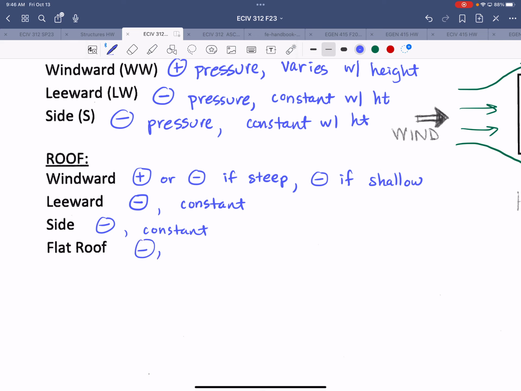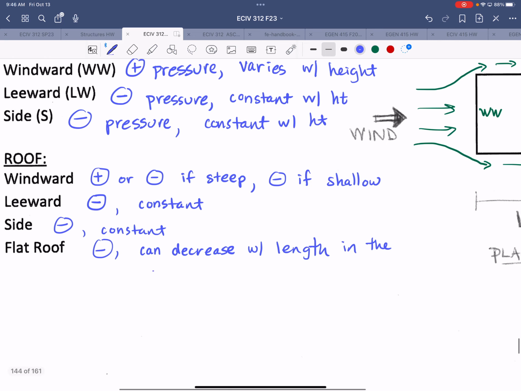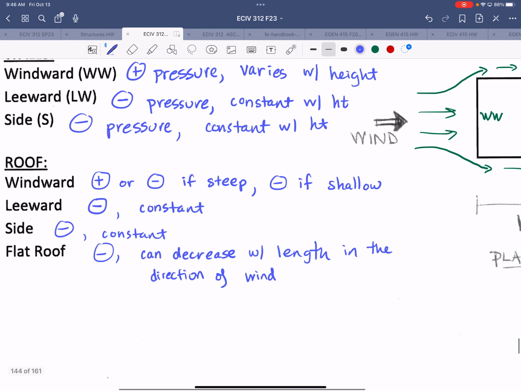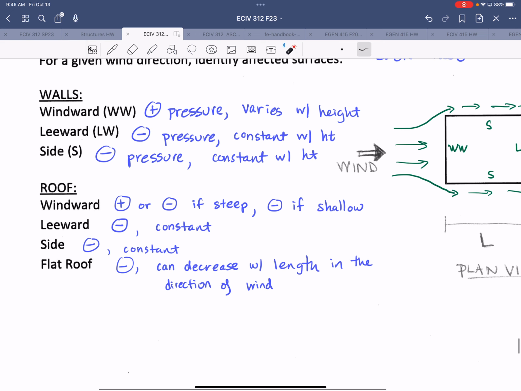And the pressure magnitudes can decrease with length in the direction of the wind.